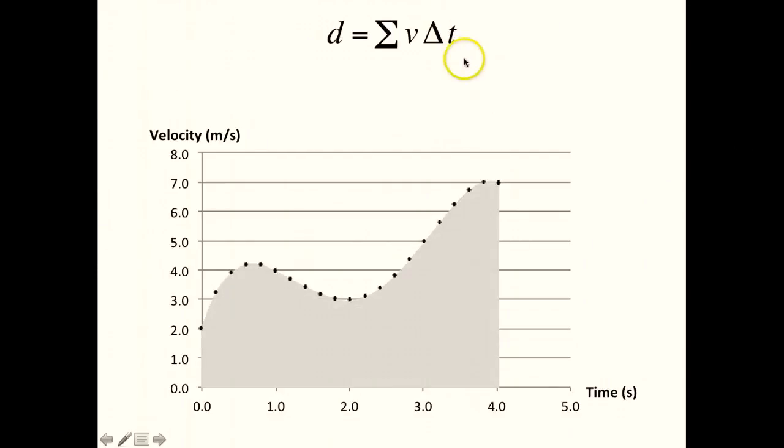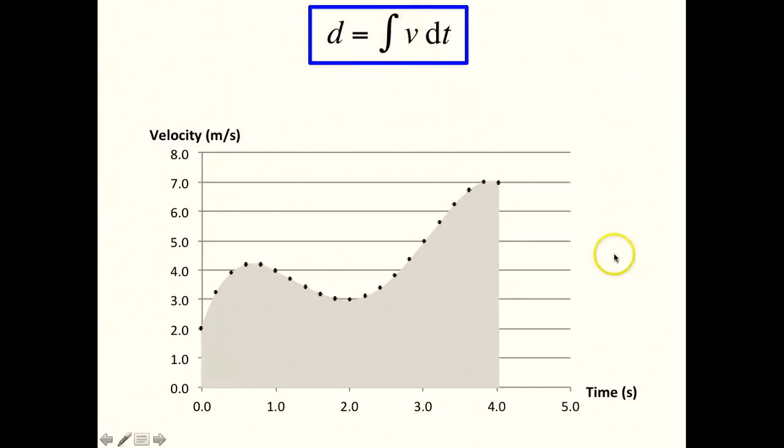Now, when we're dealing with really small delta t's, when we make those delta t's get smaller and smaller and smaller until they're basically zero, we don't call it delta t anymore, we call it dt to show it's a really, really, really small interval. And when we're adding really tiny intervals, we don't use sigma, we use the integral sign, which is another way of writing the sum. And it's easy to remember that this represents the sum because it looks like an S.